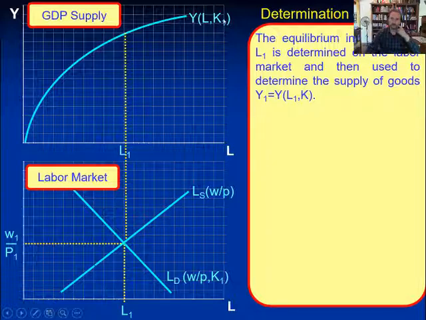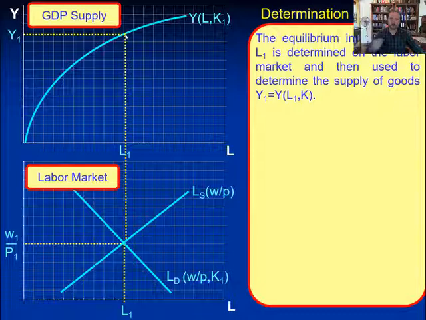Together with labor input, we can then determine the level of GDP supply, the production level of the economy. From Say's law, we know that GDP supply is equal to GDP demand at the equilibrium interest rate on the capital market.